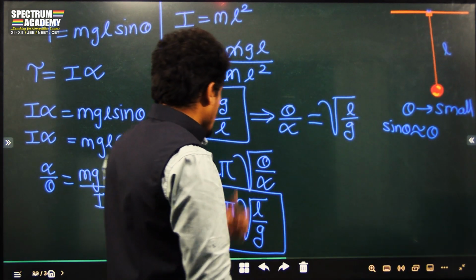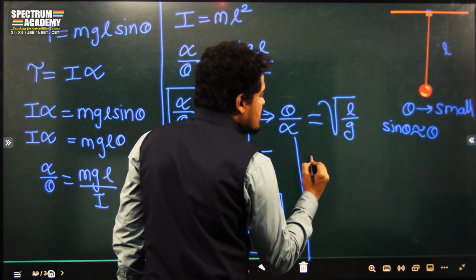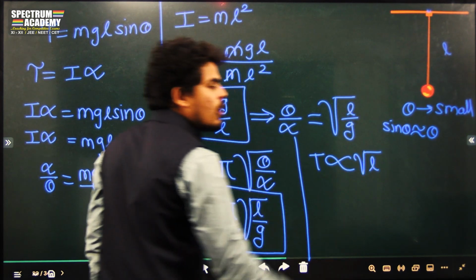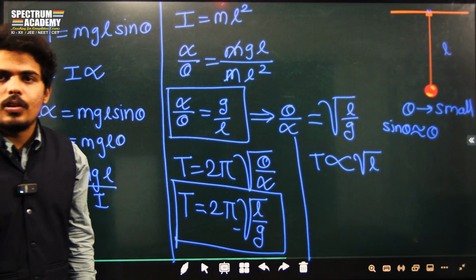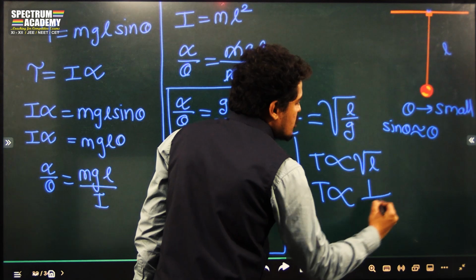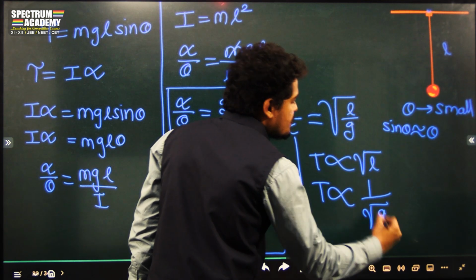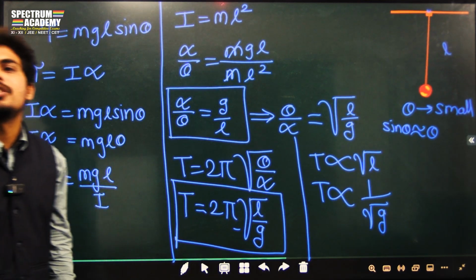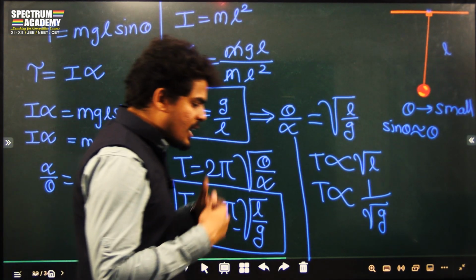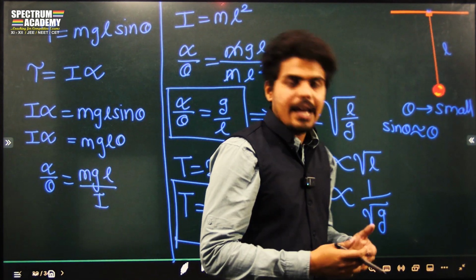So from this we can see that T is directly proportional to the square root of the length of the pendulum, and the time period is inversely proportional to the square root of acceleration due to gravity. We have seen the angular SHM, right?